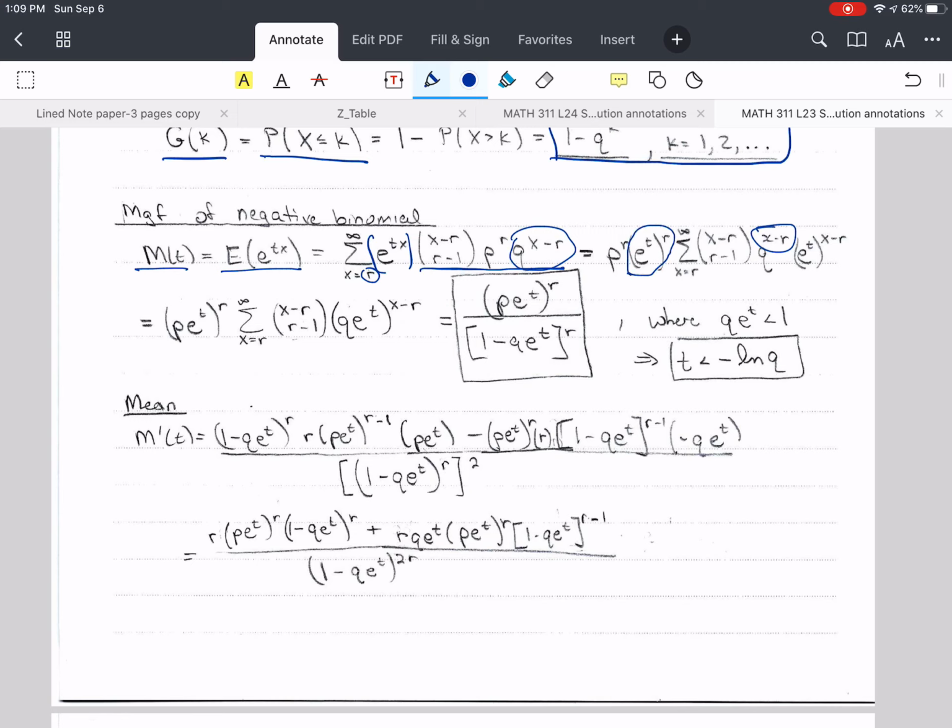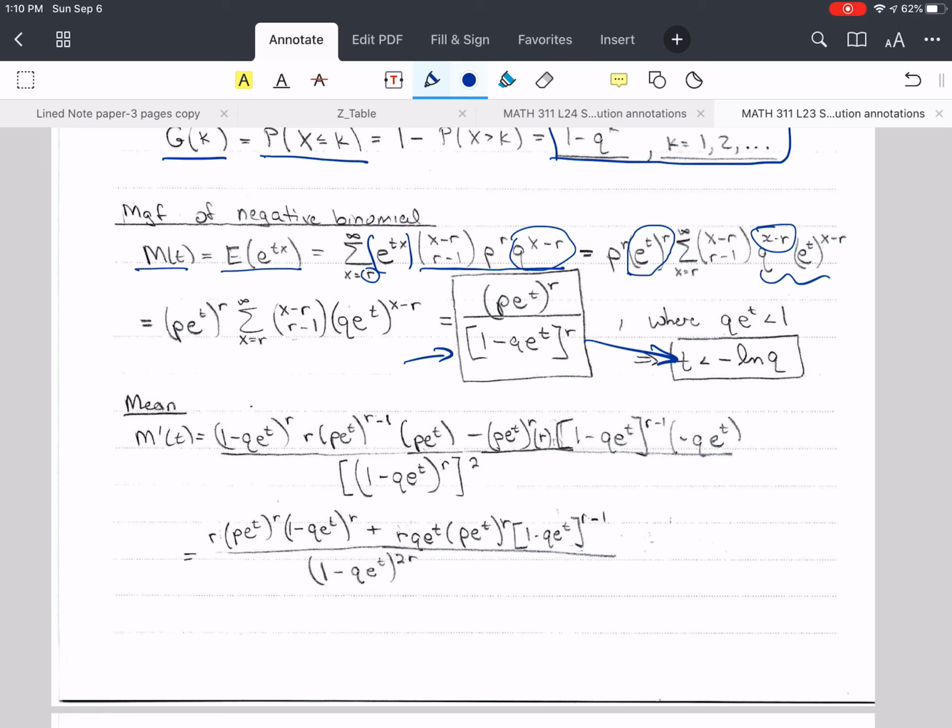So we have to multiply that so that we don't change it, so that we still end up with the same expression. But now we can combine these. So that is the technique, the major part of this proof that you need to understand. And so when we do that, we end up with this expression with our restriction on t less than negative ln of q.